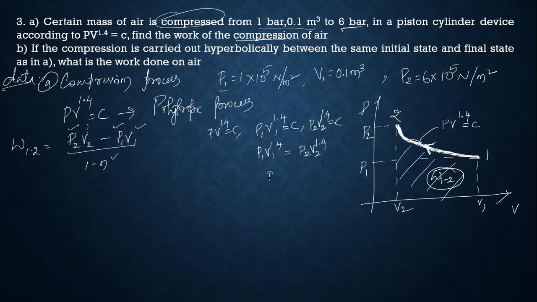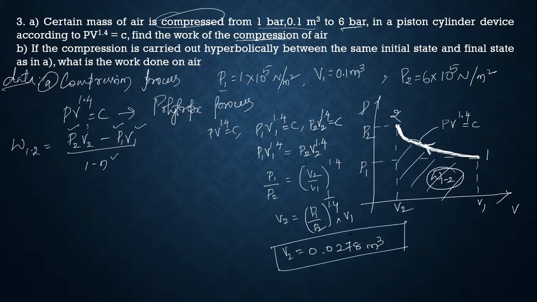Therefore, P1 by P2 is equal to V2 by V1 whole power of 1.4. Therefore, V2 is equal to P1 by P2 whole to the power of 1 by 1.4 into V1. Substitute this, you get V2. The V2 value will be 0.0278 meter cube.